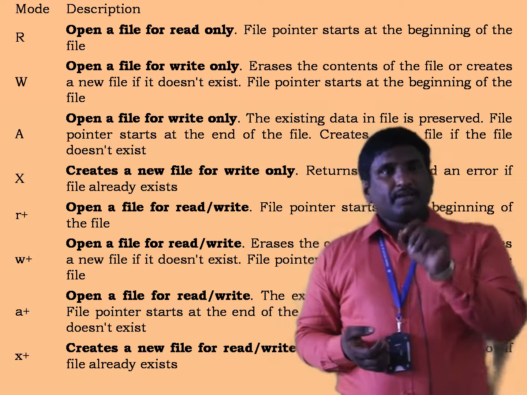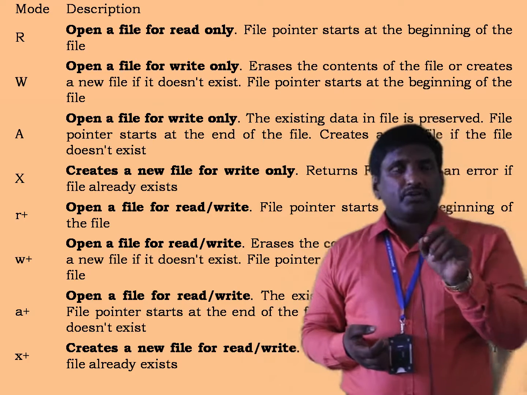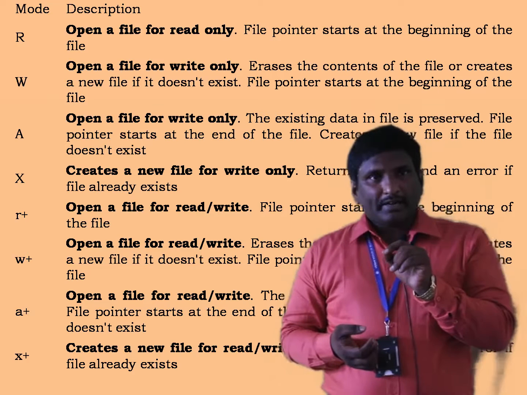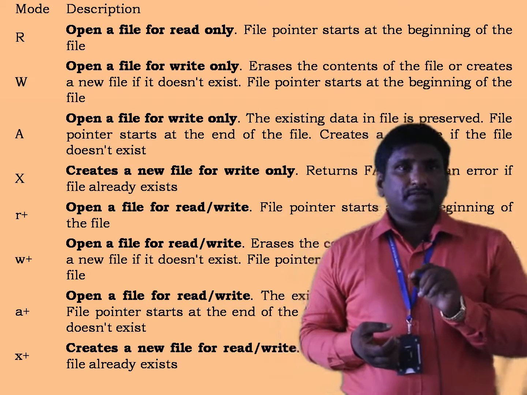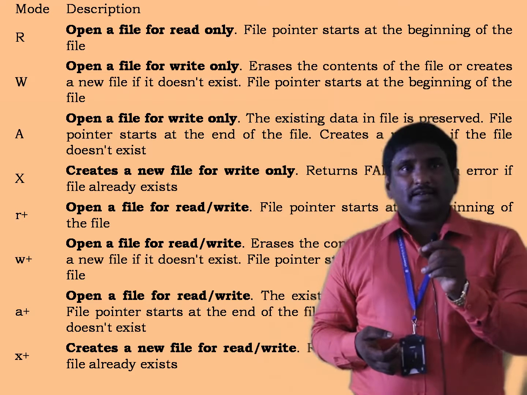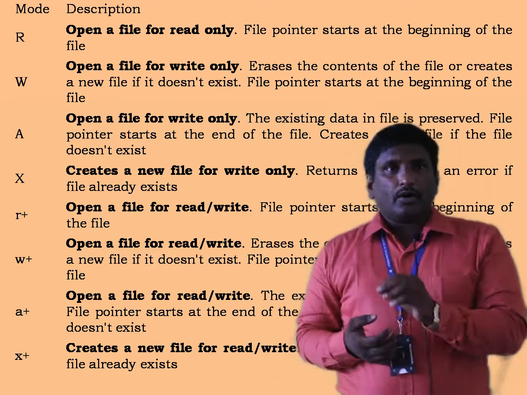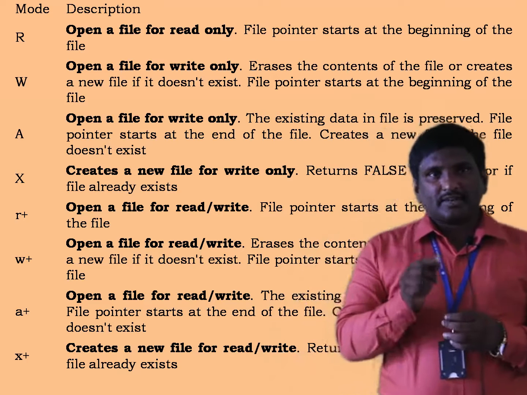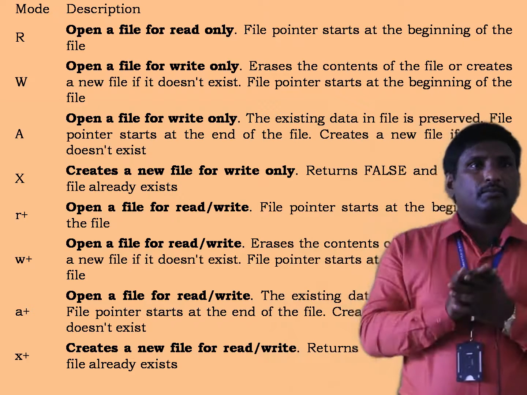If you specify mode w, it means open a file for write only. It erases the contents of the file or creates a new file if it does not exist, and the file pointer starts at the beginning of the file.